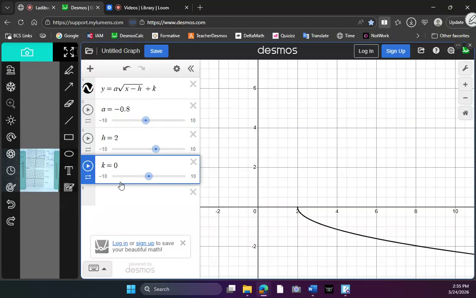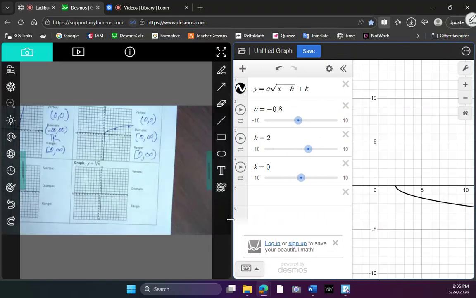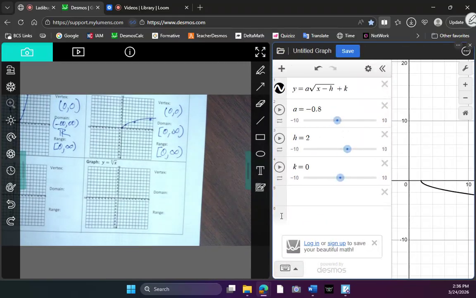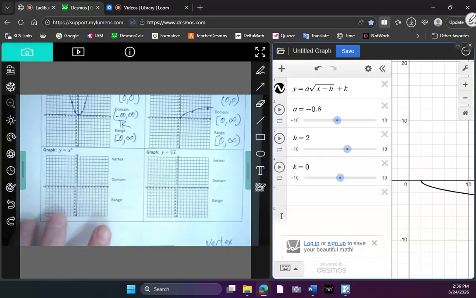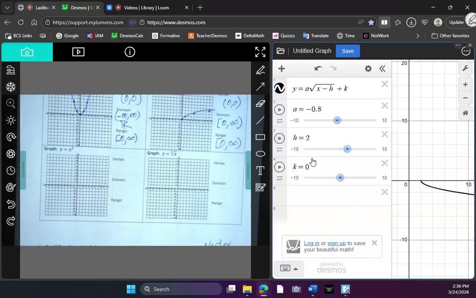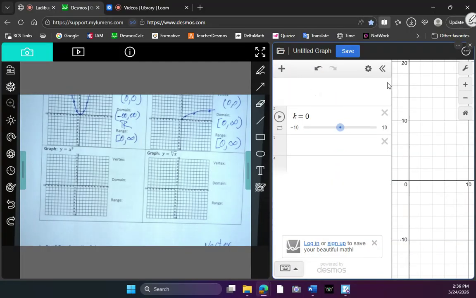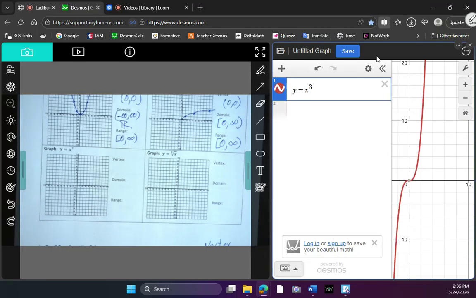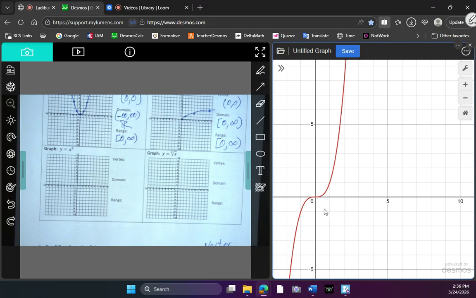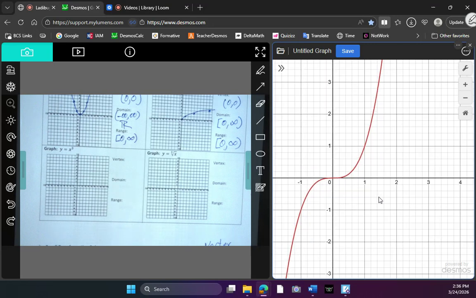So with the x to the third power, it's best just to see that for yourself. It's basically a parabola with one of the arms bent downward. So it's kind of like maybe like an S shape.